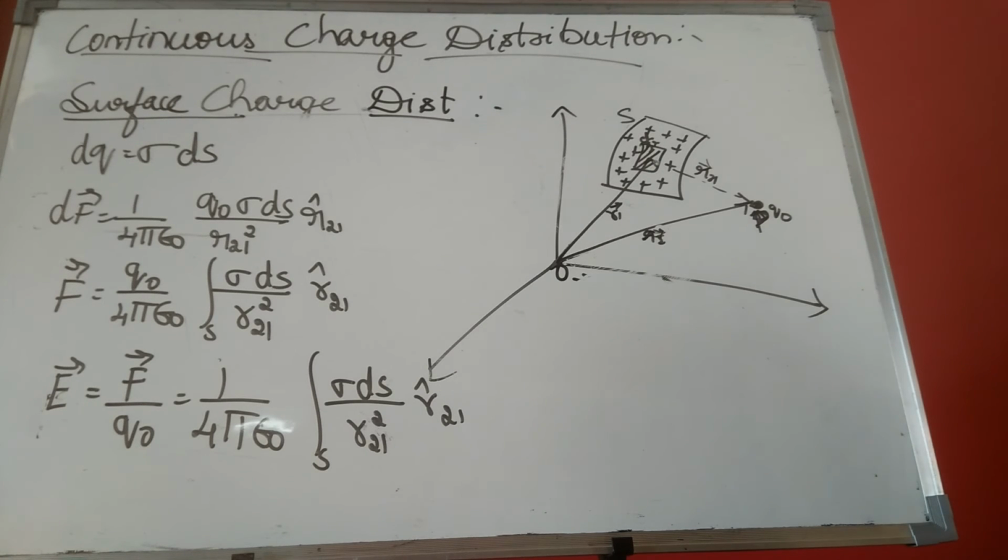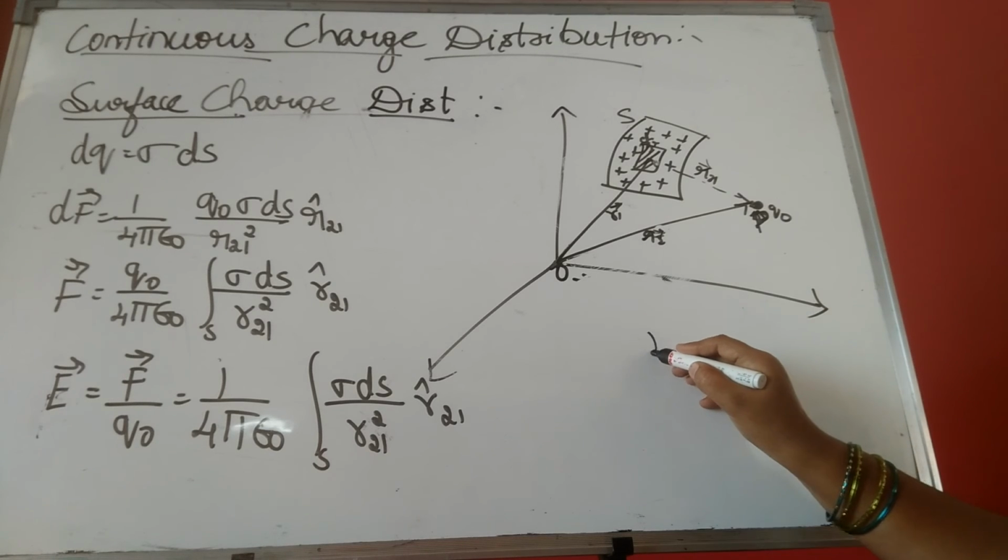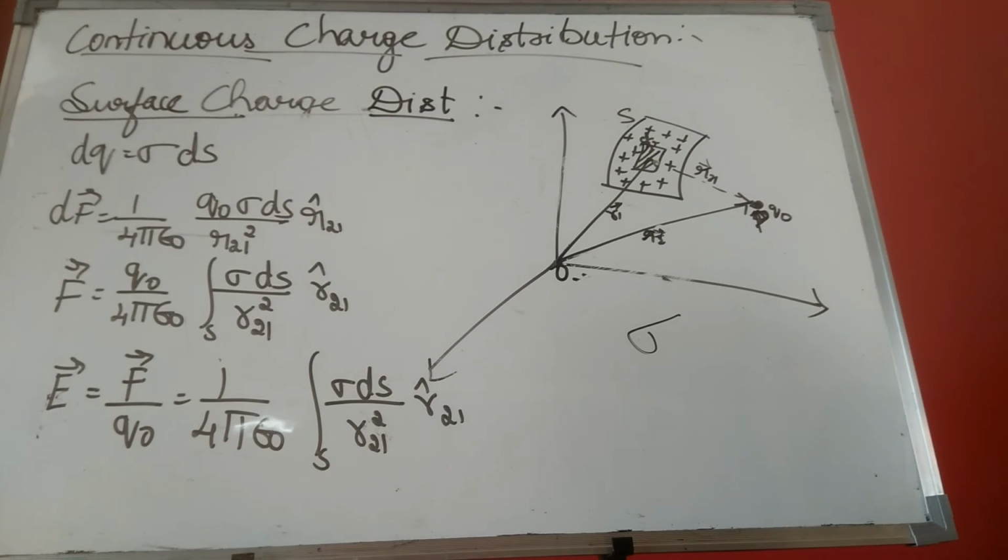Whereas in the linear charge distribution we studied the linear charge density, here we are going to study the surface charge density. The linear charge density was denoted by the letter lambda, whereas the surface charge density is denoted by the letter sigma. Sigma is charge by area, whereas the linear density is charge by length.